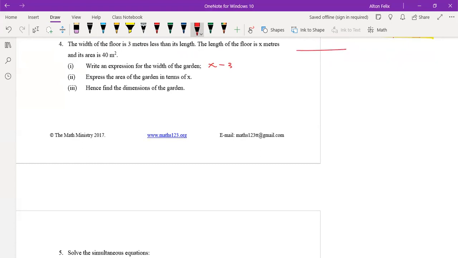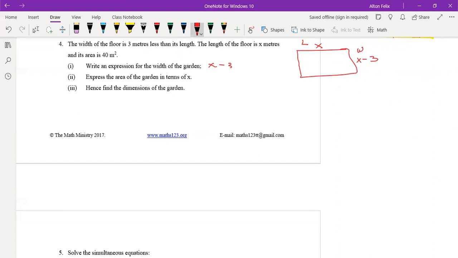Now it's always a good idea to draw a nice little diagram. So the length of the floor is x meters, we can put x here. They say the width is 3 meters less than its length, so it will be x minus 3. So we first wrote the expression for the width. Express the area of the garden in terms of x. So area is always based on a rectangle, length by width or length by breadth.